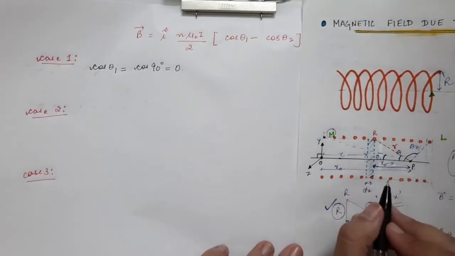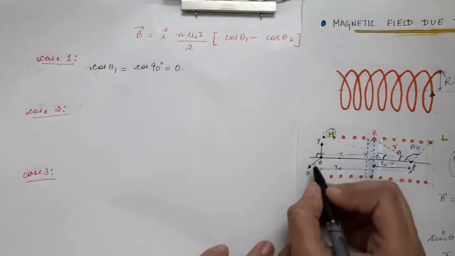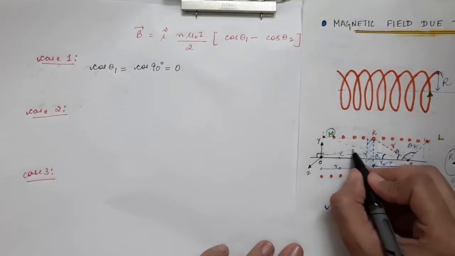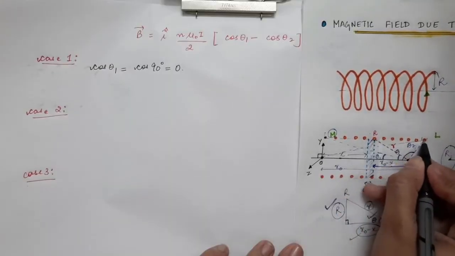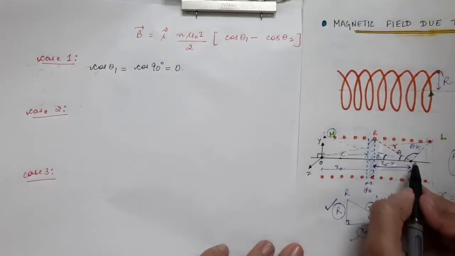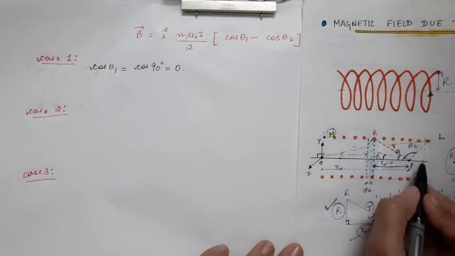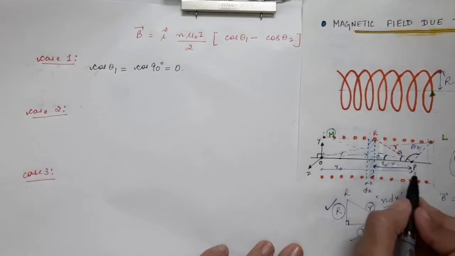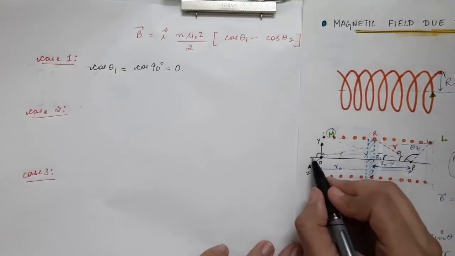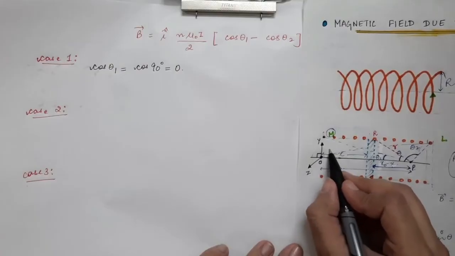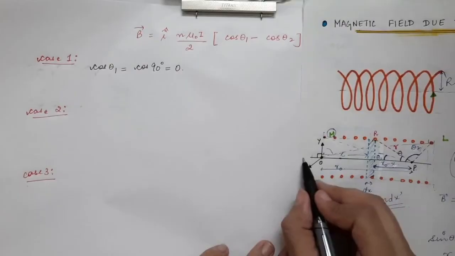Now what will be theta 2 in that case? If the observation point is present over here, you will join this observation point with this end. As you can see, theta 2 is the angle which is made by this length with the axis. Theta 2 will be the angle made by this whole length with the axis.